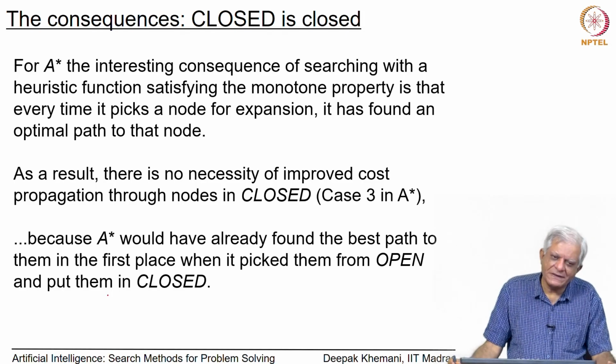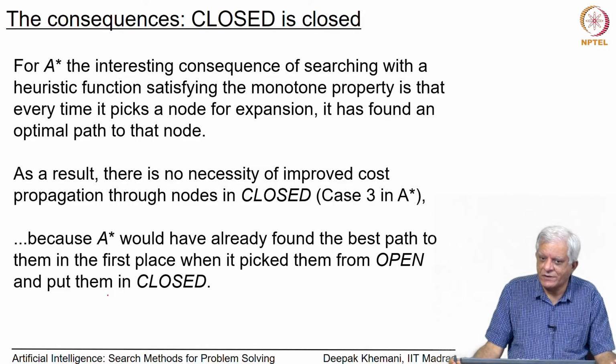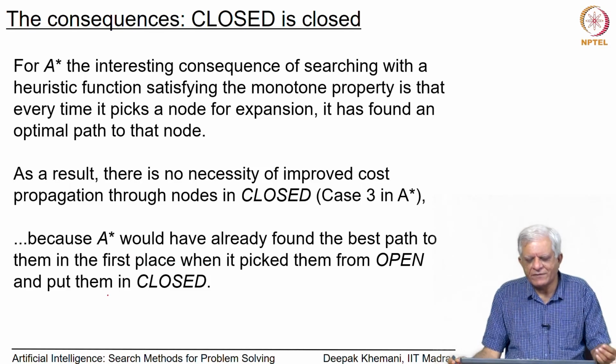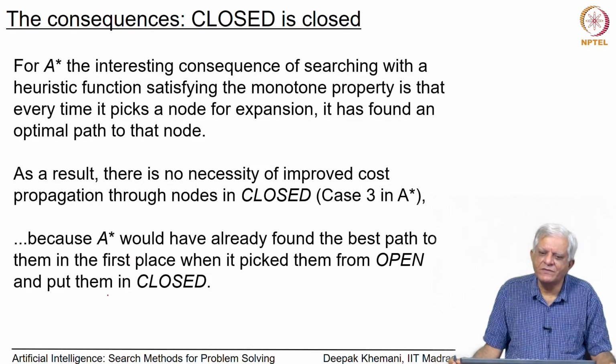We will use this property a little bit later to show that we can devise algorithms which do not even need to keep the closed list. Remember that one of the reasons why we needed to keep closed was to make sure that we do not go into infinite loops. So, we could check that every time we added nodes to open, we would first check whether it is already on closed or not essentially.